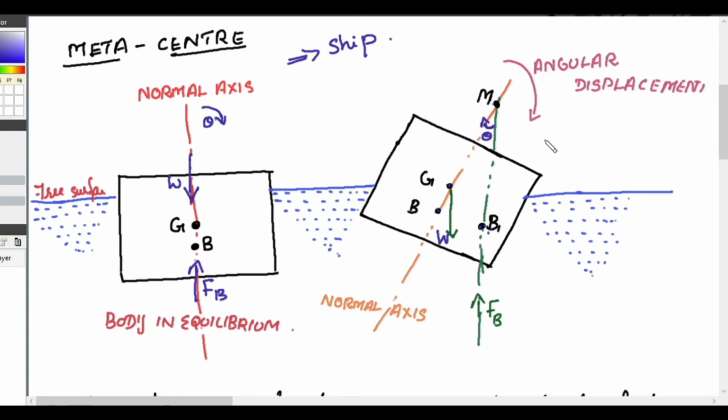So this is the concept of metacenter. Now, the distance between the center of gravity and the metacenter is called metacentric height. That is, GM is called metacentric height.